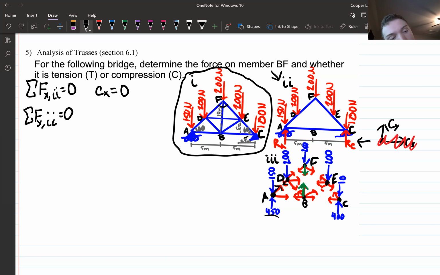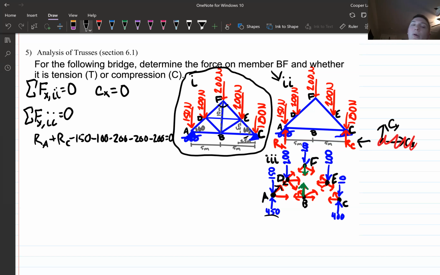Our two positive values would be R sub A plus R sub C. All of the other values we have listed are going to be negative. So that's going to be minus 150, minus 100, minus 200, minus 200, minus 200 equals 0.